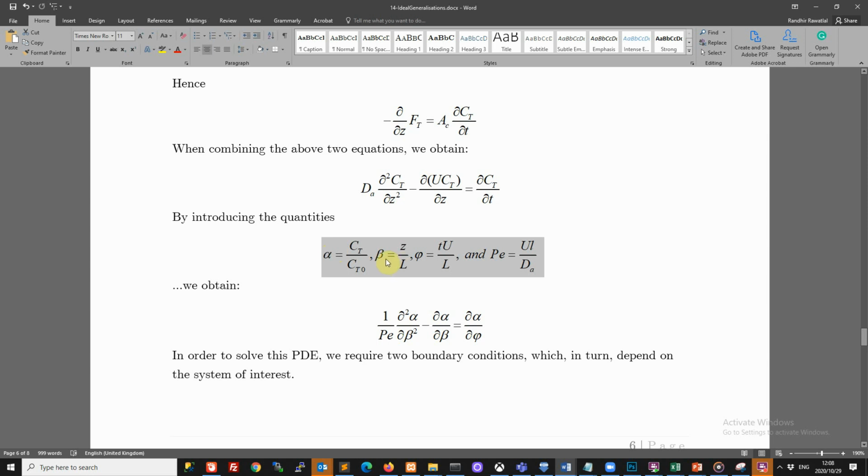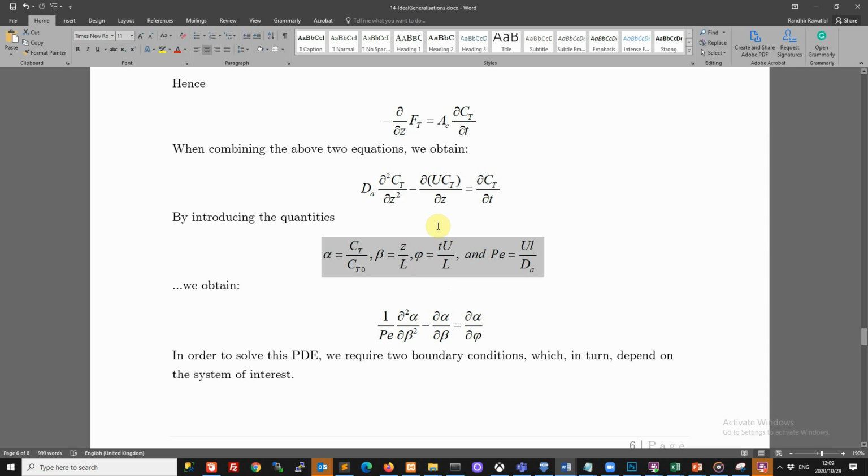And then similarly, instead of working in terms of z, we can say the position z divided by the length of the tube, that's equal to beta. You can see that's dimensionless. And then if we take the velocity divided by the length, that's going to be 1 over the space-time. So the current time or current age divided by the space-time, that's, if you like, the fractional age down the tube.